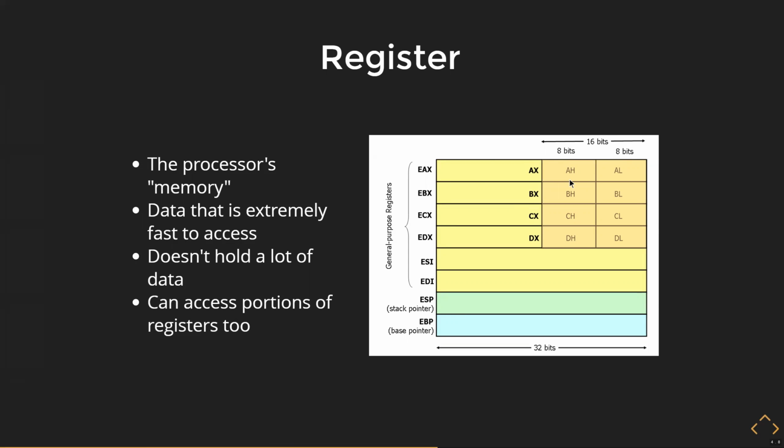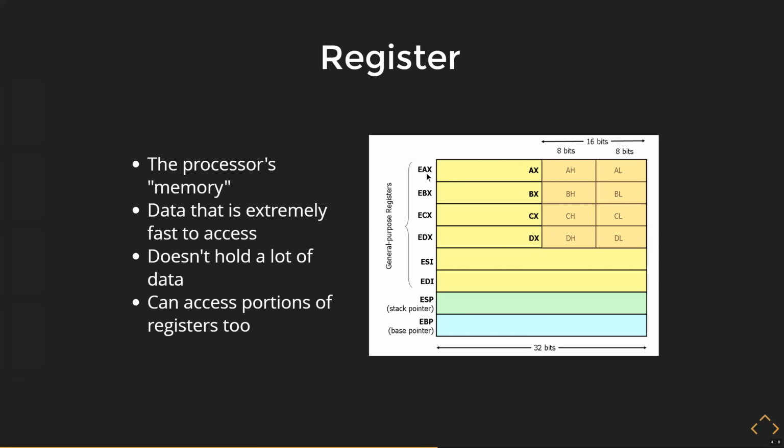So why do we have this? It is extremely fast to access because this is as close to the processor as it's going to get. But the downside is it doesn't hold a lot of data. So that's why we have registers, and that's why we have memory and disk. As you can see here, you can also access portions of registers.